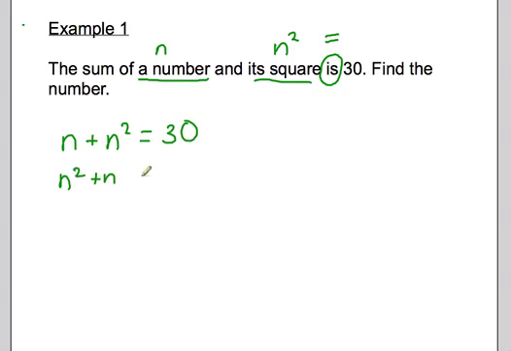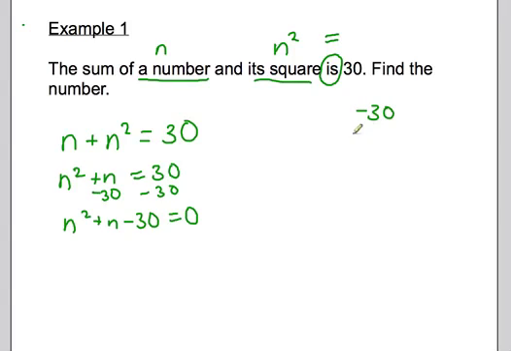So that's n squared plus n equals 30, and we want to get 0 on one side of the equation, so we're going to subtract 30 from both sides. We get n squared plus n minus 30 equals 0. Okay, so then to factor that, we can list the factors of negative 30.